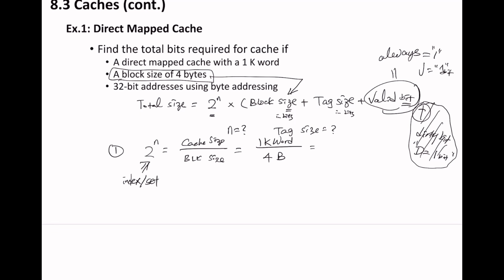The numerator is a word, so 1 kilo word is 4 bytes in our definition, and the 4 bytes cancel out. We have 1k, which is 2 to the power of 10, therefore n equals 10. That means 10 bits long for index or set.